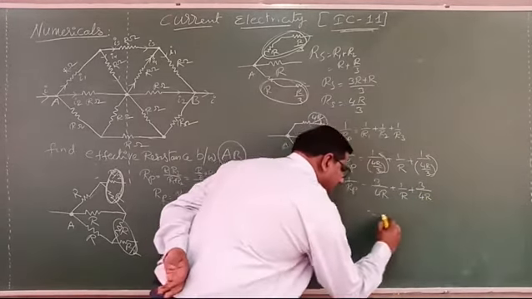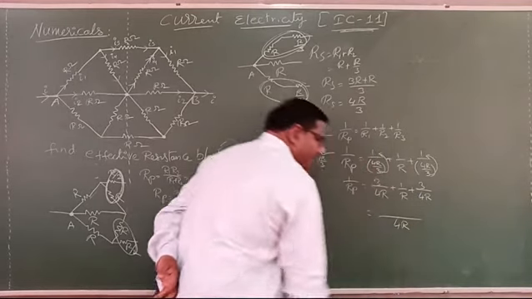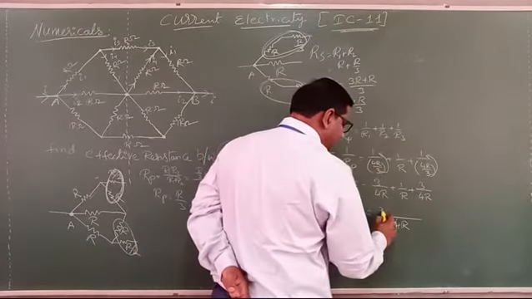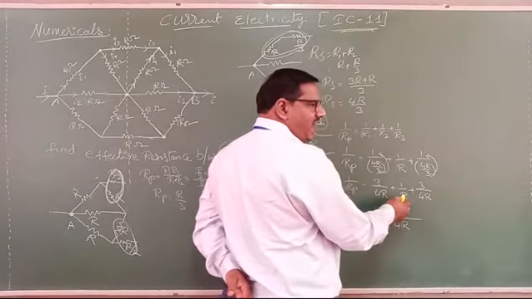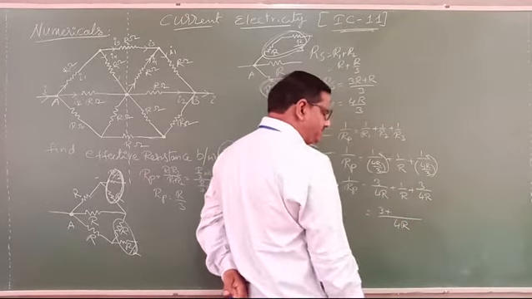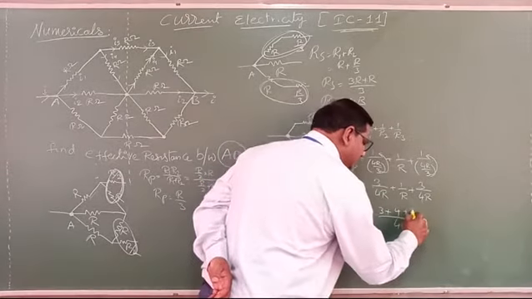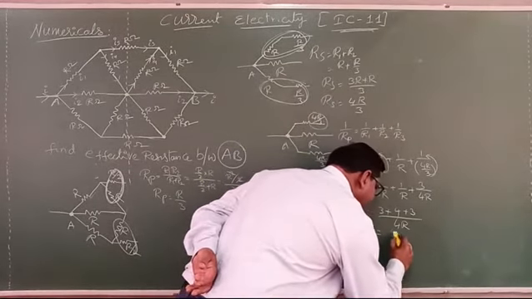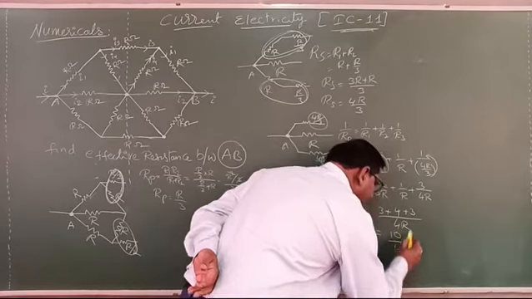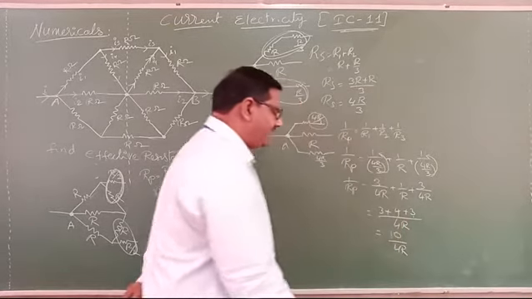Now take LCM 4R. Here we have the same 3. Here only we have R, so it becomes 4 times. So 1 will be multiplied by 4, then 4 plus 3. Total it will be 10 by 4R. 3 plus 3 is 6, 6 plus 4 is 10.